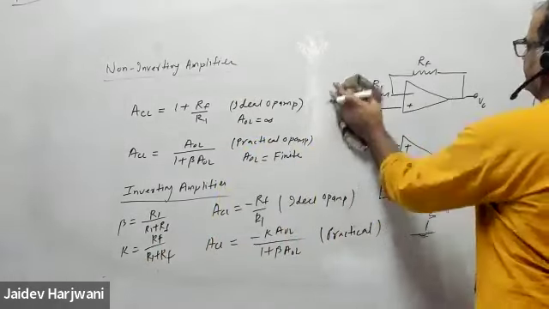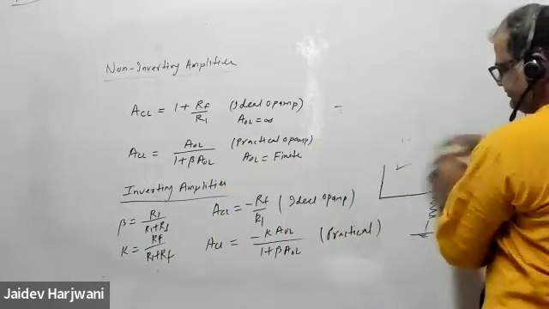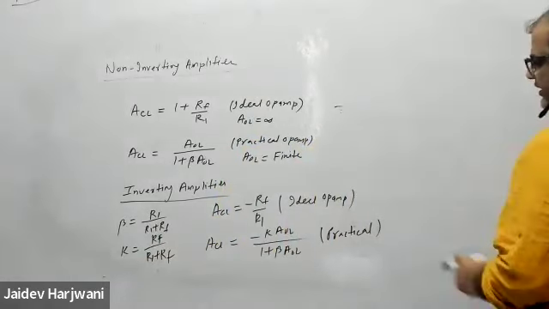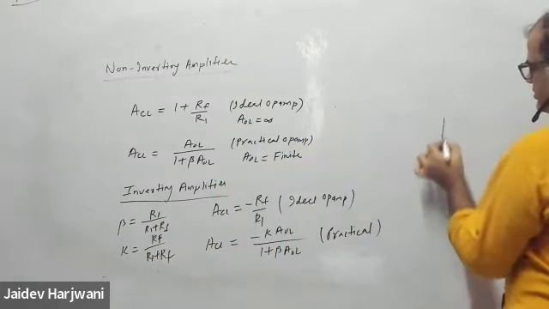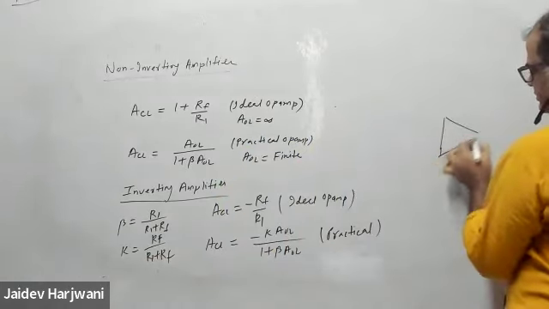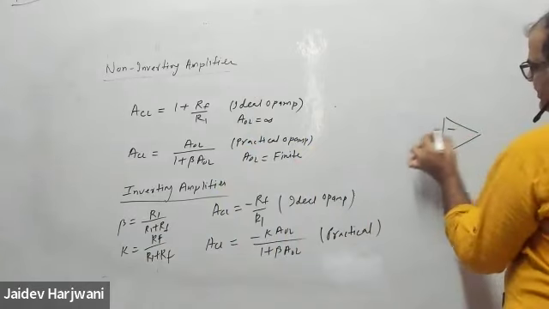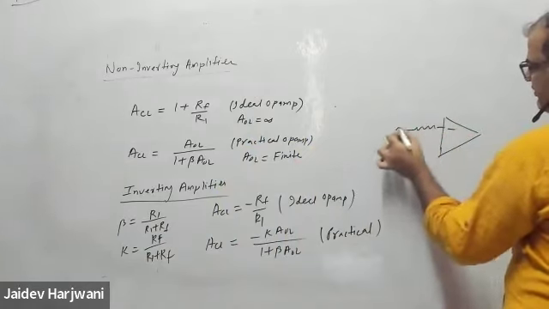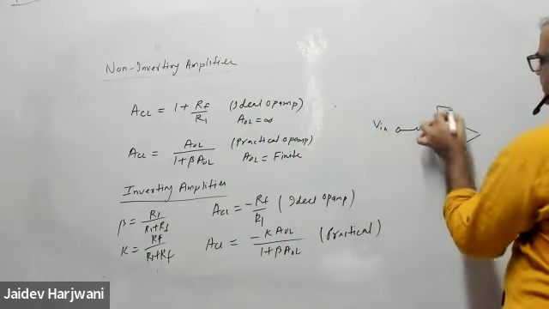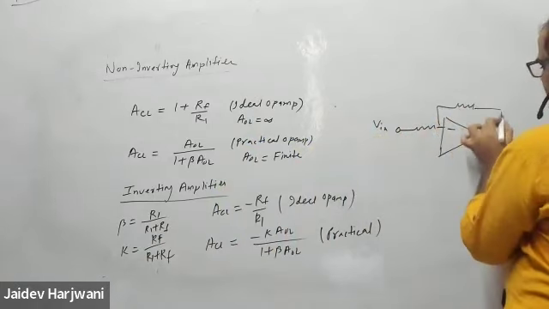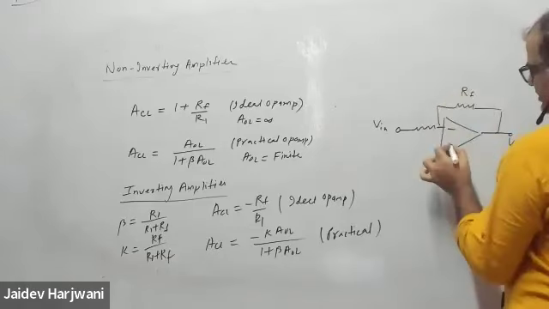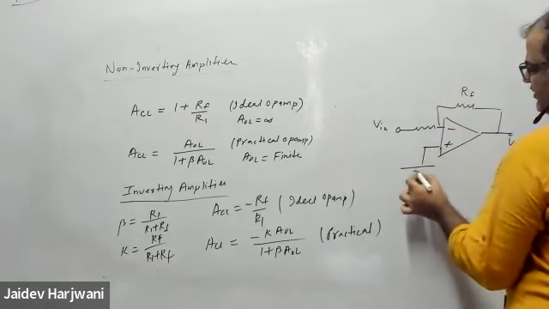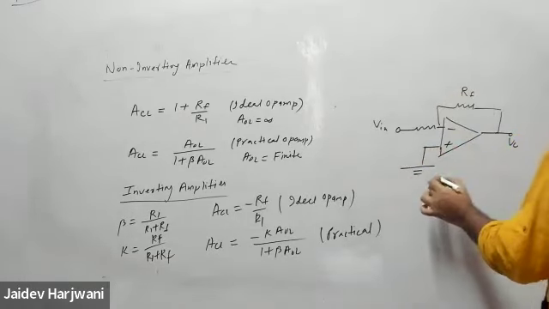Okay, and the circuit for inverting amplifier is, you're applying now input to the inverting terminal. V input is here. This is your RF, and the non-inverting terminal is grounded, so this is the inverting amplifier.